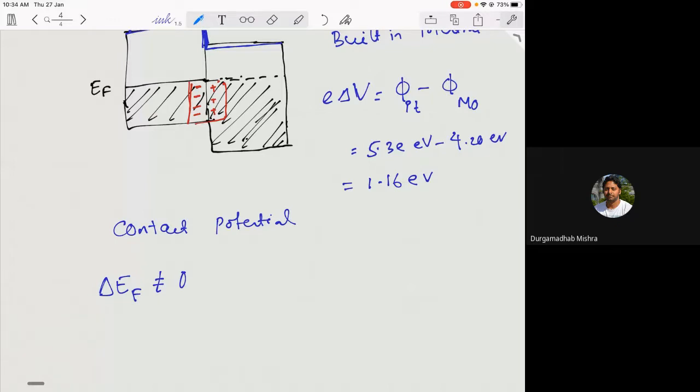In that case, delta EF not equal to 0 means you can do some work on the electron, and basically you can move the electron from one point to another. You can do some external work and move the electron from one point to another.